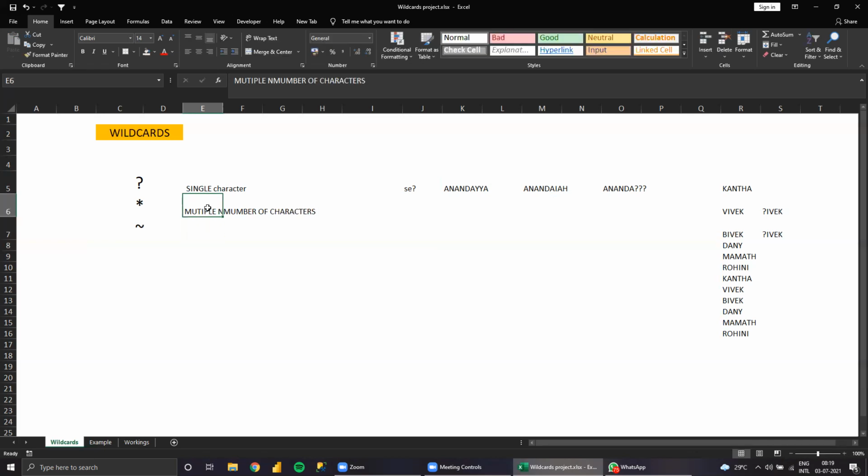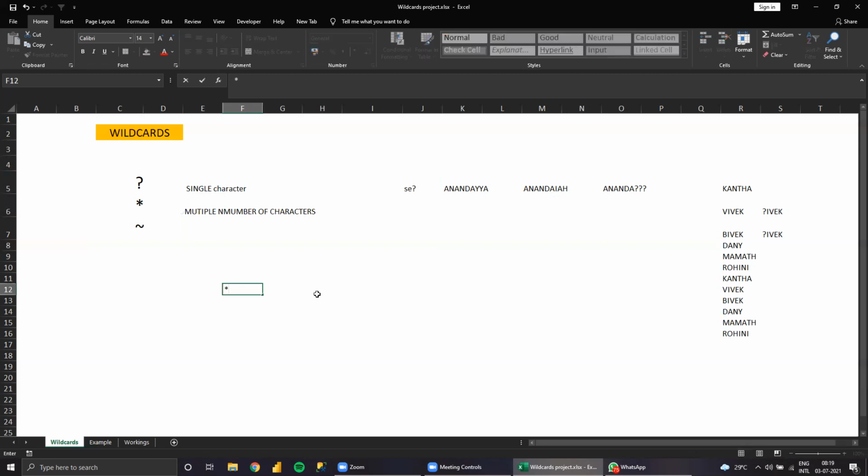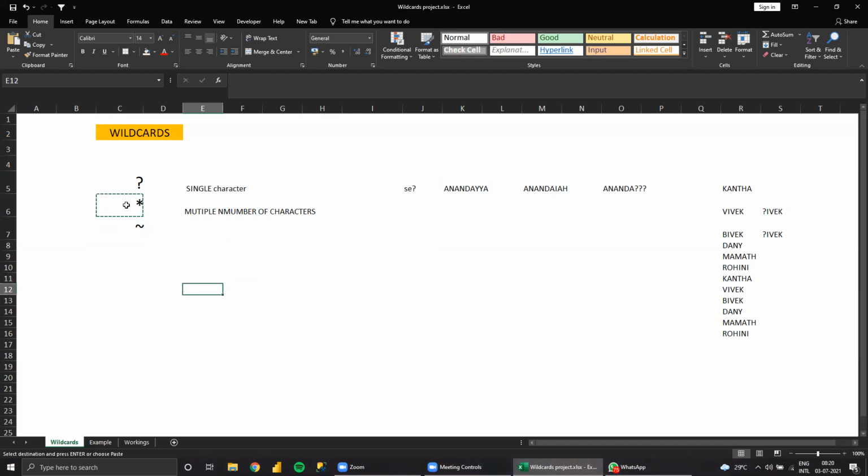When the star is used, on the left side and right side of the star, any characters, any number of characters, can be taken. So for that you need to use the star.